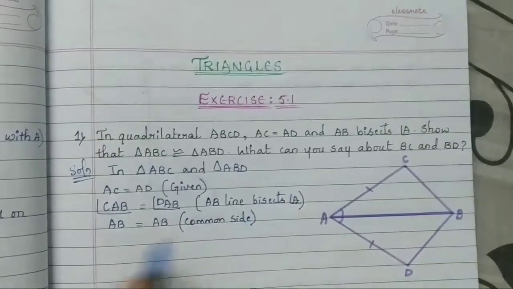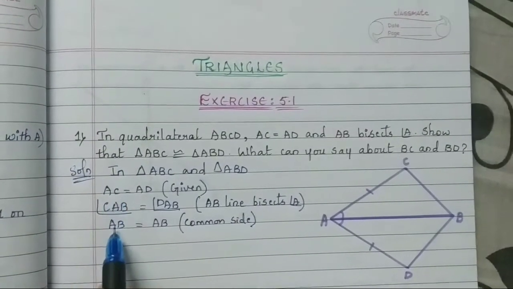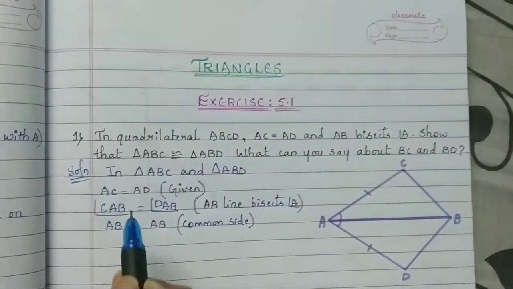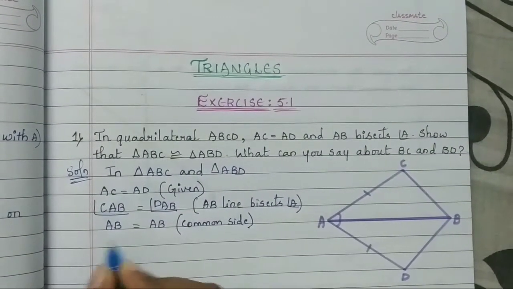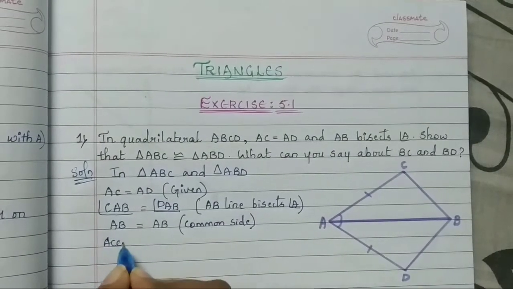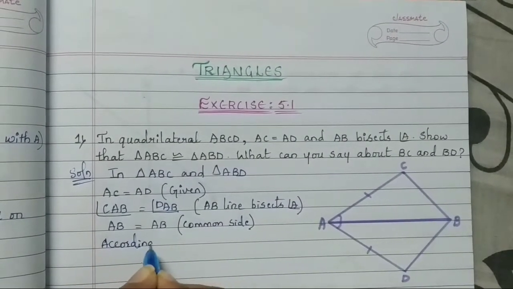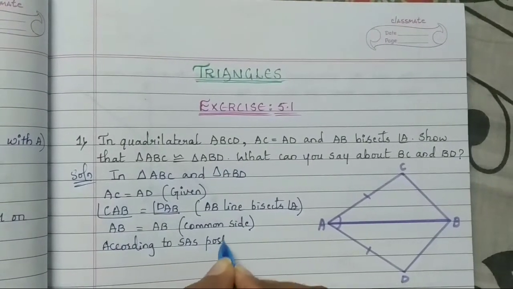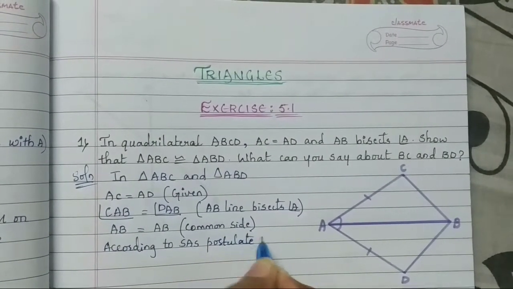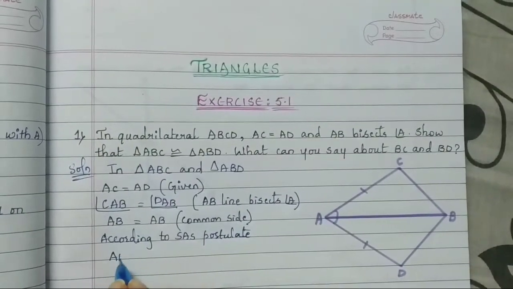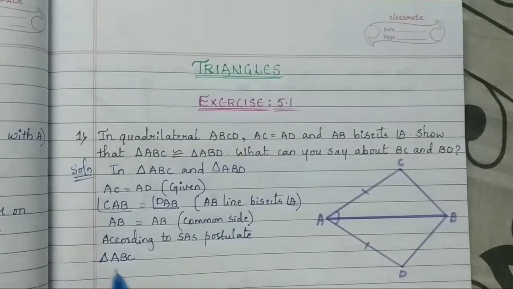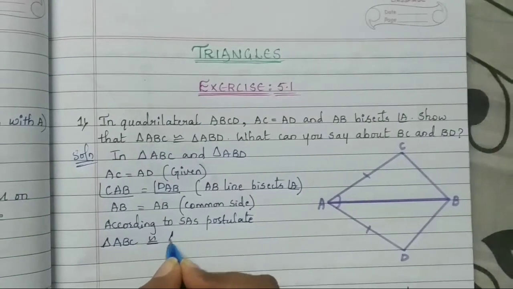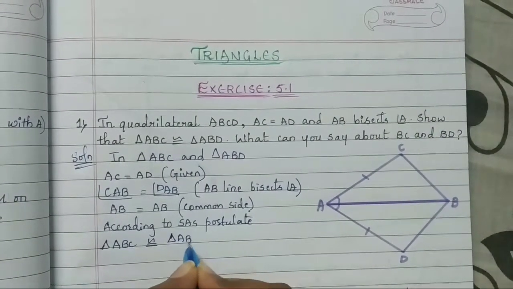So here we got two sides and one angle. According to our SAS postulate, we can write triangle ABC is congruent to triangle ABD.